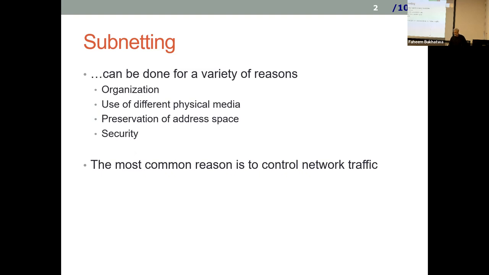In variable size subnets, remember we can't give you any size you want. They always have to be powers of 2. So I can't give you a subnet with 19 addresses. It has to be the next power of 2, which is 32.